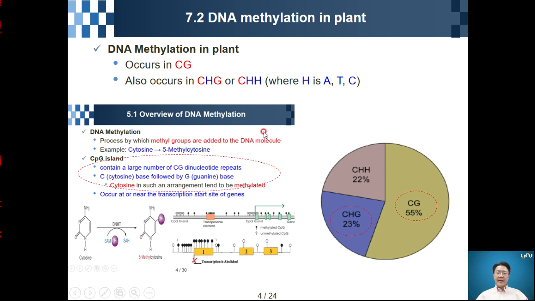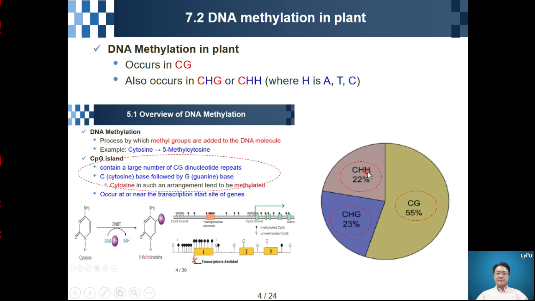For example, this is the CHG or CHH site, where H can be A, T, or C. So CHG can be CAG, CTG, or CCG, like this. 23% of cases occur in CHG and 22% of cases occur in CHH sites.